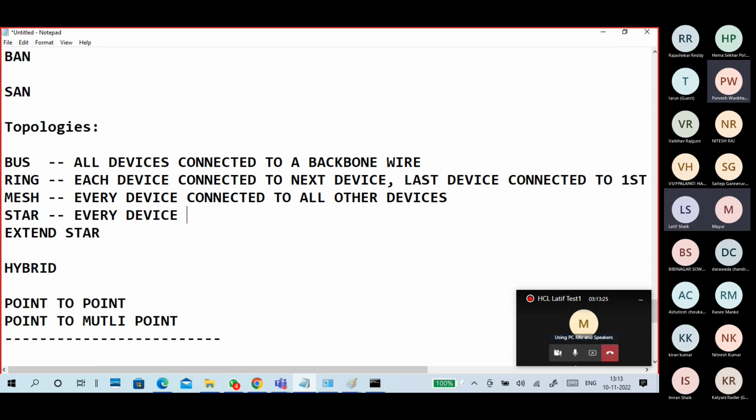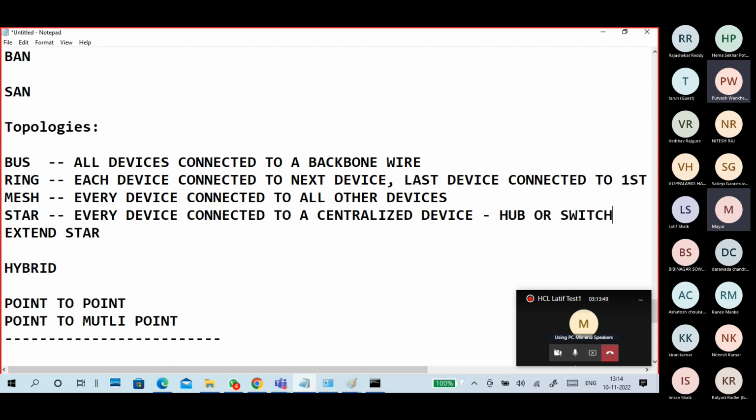Star: every device is connected to a centralized device, a hub or a switch.